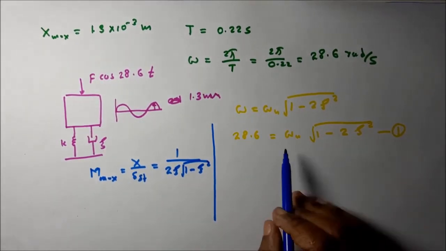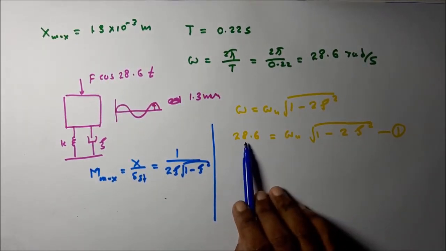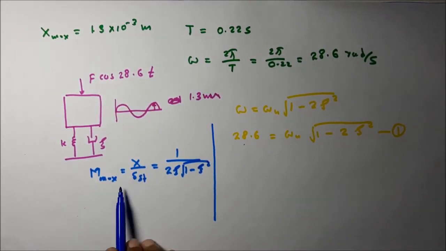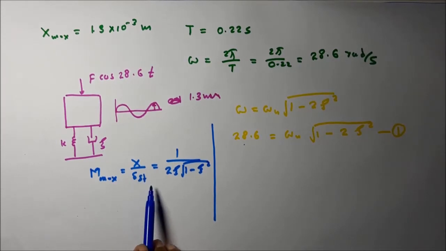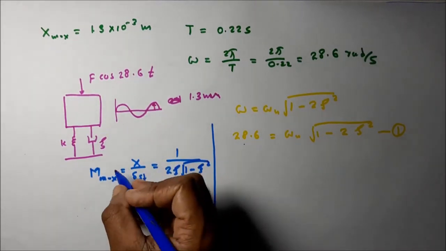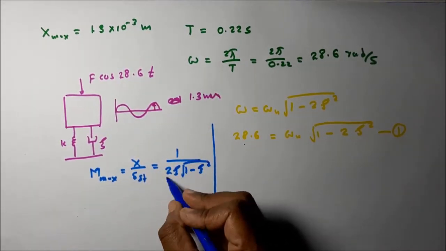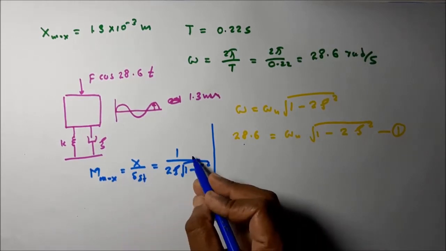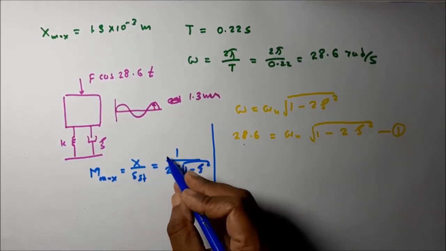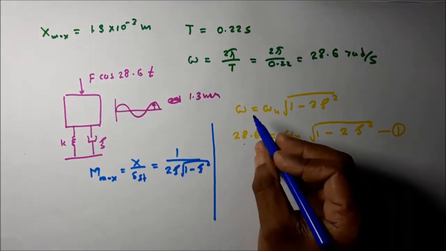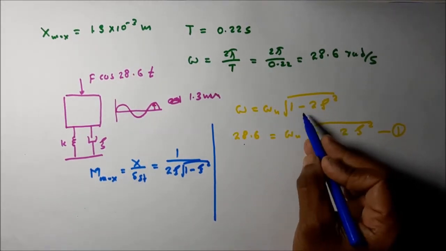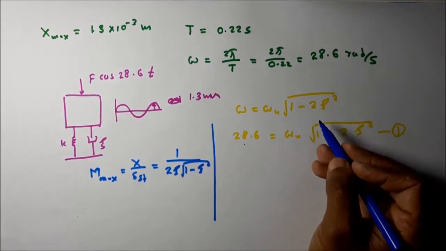That means at this frequency value, it gives this much maximum amplitude ratio, given by this equation. M maximum is equal to this value. This amplitude ratio occurs when omega is equal to omega n square root of 1 minus 2 theta square.